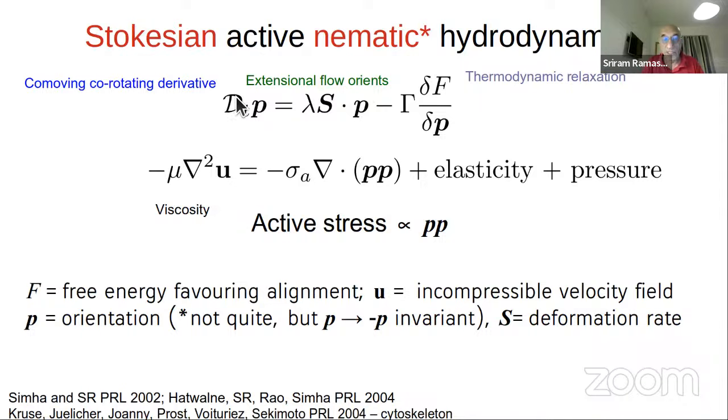Remember, the advection and rotation contains the velocity field, and this alignment part also contains the velocity field. You solve for the velocity field and plug it into this equation. So you solve the Stokes equation for the velocity field in terms of the orientation field, plug it into this equation. And if you take this equation now and ask, okay, I'm in an aligned state.